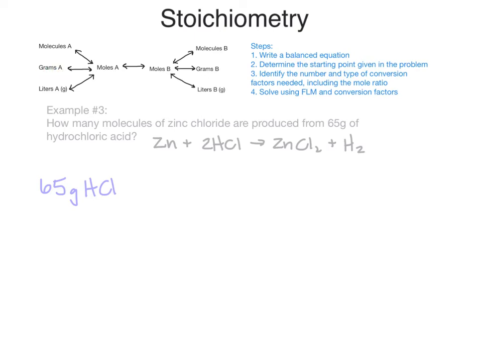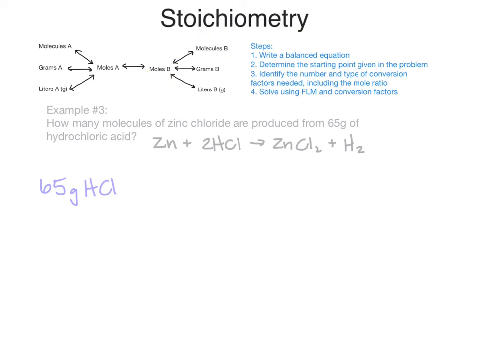And I want to go to molecules of zinc. So I'm starting here and I'm going all the way up here. So I'm going to have 1, 2, 3 conversion factors. Because remember, I can start anywhere I want on my map, including at my moles, and go anywhere else.